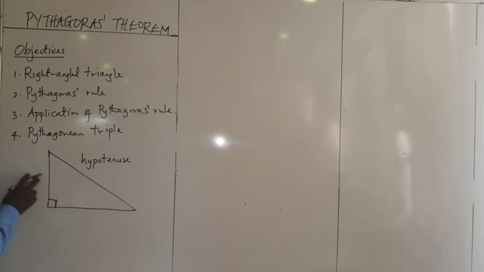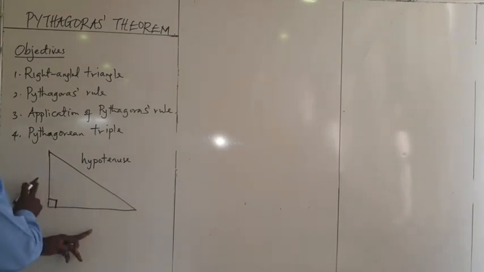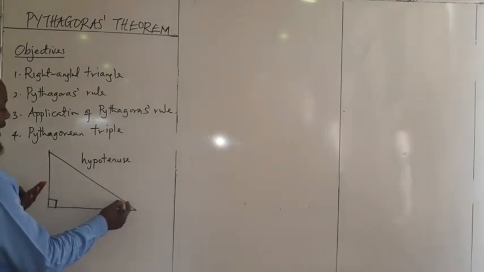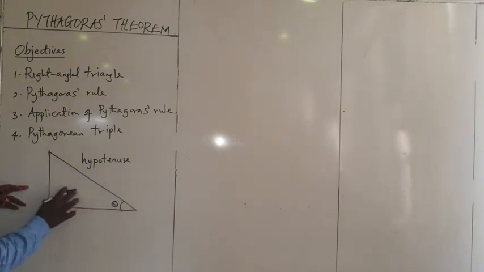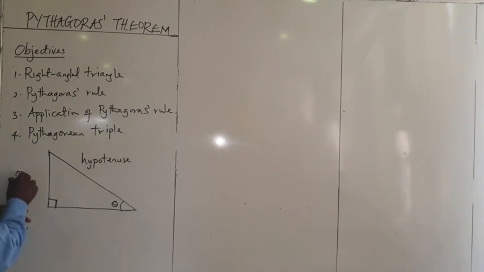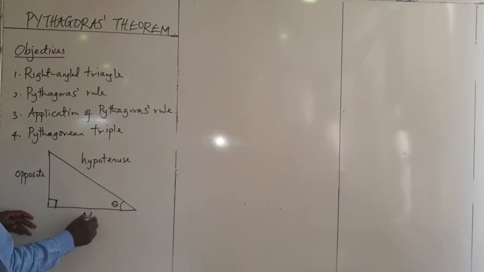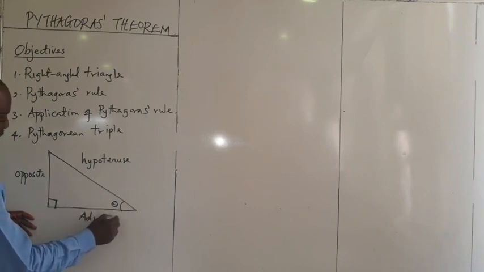While the remaining two sides are opposite and adjacent. If there is an angle here, the side that is facing the angle we are considering, apart from angle 90 degrees, is the opposite, while the other one is the adjacent. I hope I'm making sense.